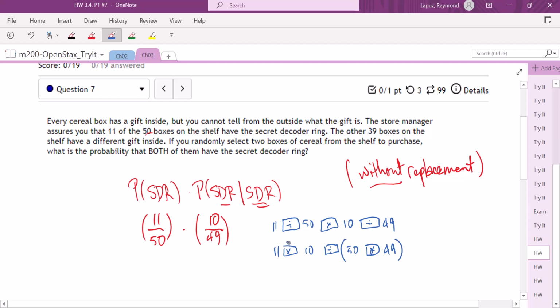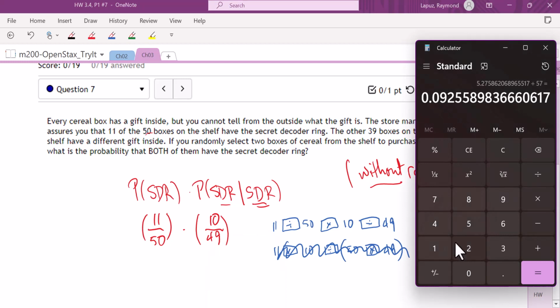So this is not a good way to do this on a calculator unless you have a graphing calculator where you can easily put parentheses. So let's be careful, because you'll get a different answer with that. So I'll put in what I saw, 11 divided by 50 times 10, and then I'll divide by 49.